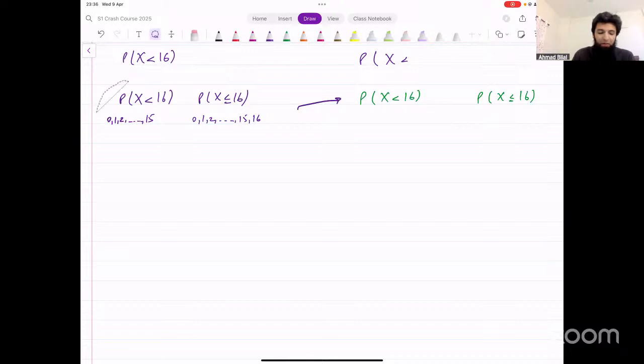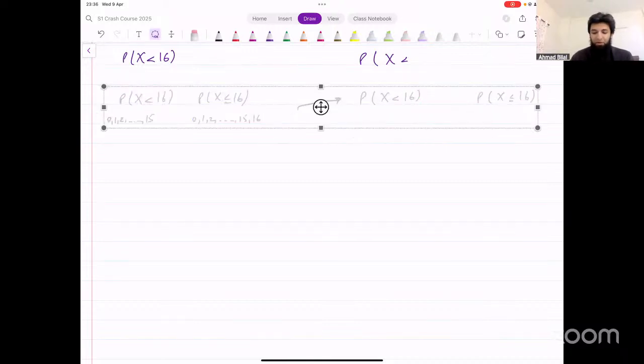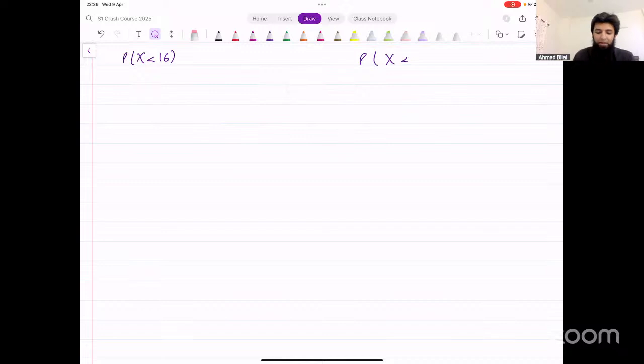Now, how does that cause problems? Let's try to understand that. If you have x less than 16, what that means is the numbers to the left of 16, 0, 1, 2, 3, all the way up to 15. We need to find the probability for all of these numbers. And what are the numbers that we do not want?